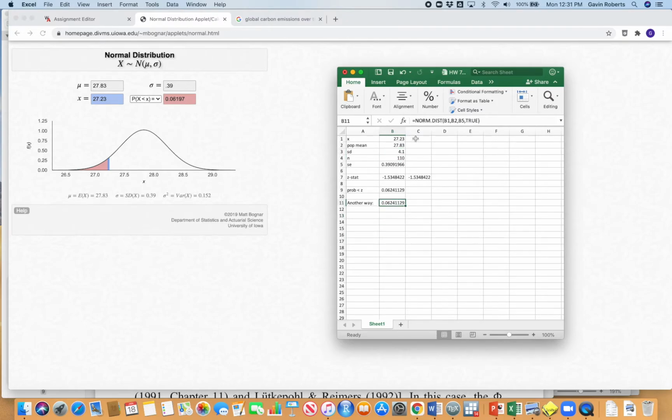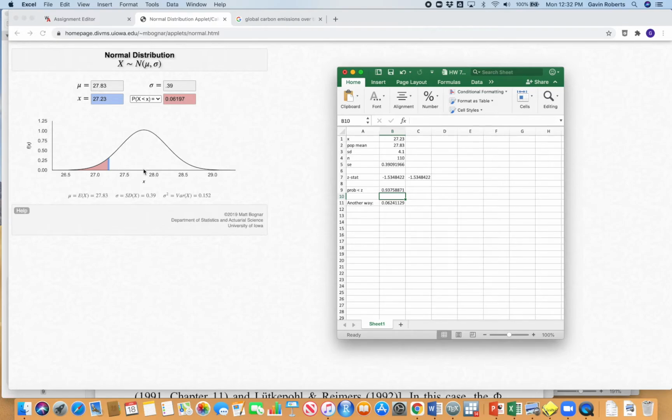Now, those by default always give the probability to the left of a number, which is what we wanted here, so it worked out. But note that we can always get the probability to the right. For example, if I wanted the probability of being greater than 0.6 below, I'd do 1 minus. There's a 93.75% chance or a 93.76% chance of landing above this number, which makes sense because there's a whole lot more area above.